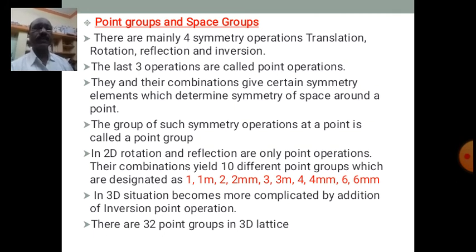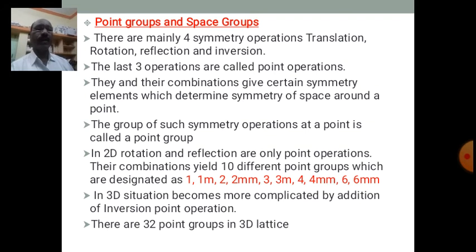The group of such symmetry operations at a point is called a point group. In two dimensions, rotation and reflection are the only point operations, isn't it?